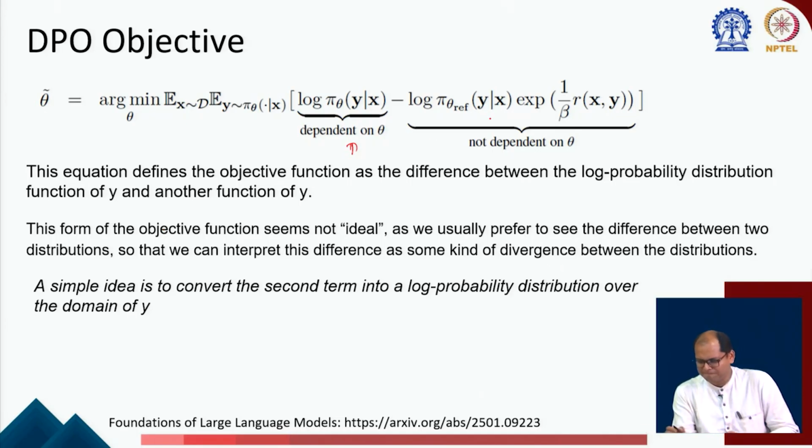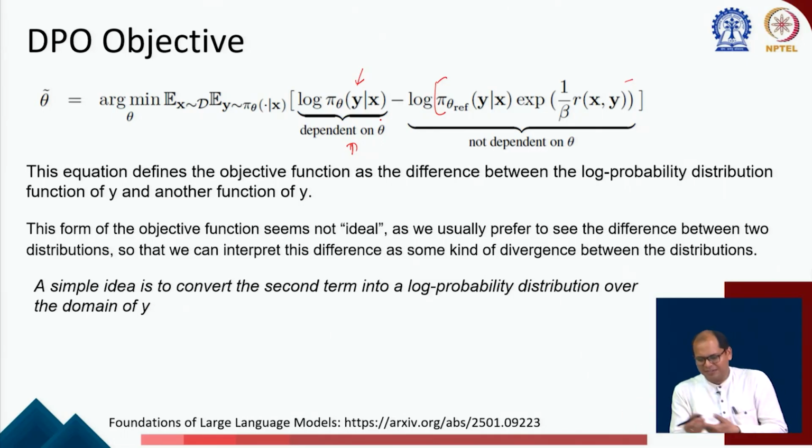So they are the difference of two functions. One is the log of a distribution, another is the log of some function of y. Now, typically when we have objective functions, we say we have a probability distribution, log of a probability distribution minus log of another probability distribution.